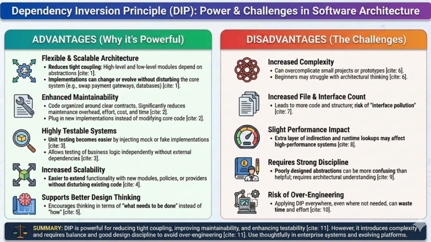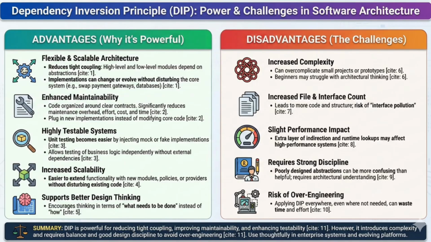For example, creating interfaces and decoupling every tiny class in a two-page project may actually overcomplicate it instead of simplifying it. Beginners may also struggle to grasp the concept initially because it requires architectural thinking rather than straightforward coding.